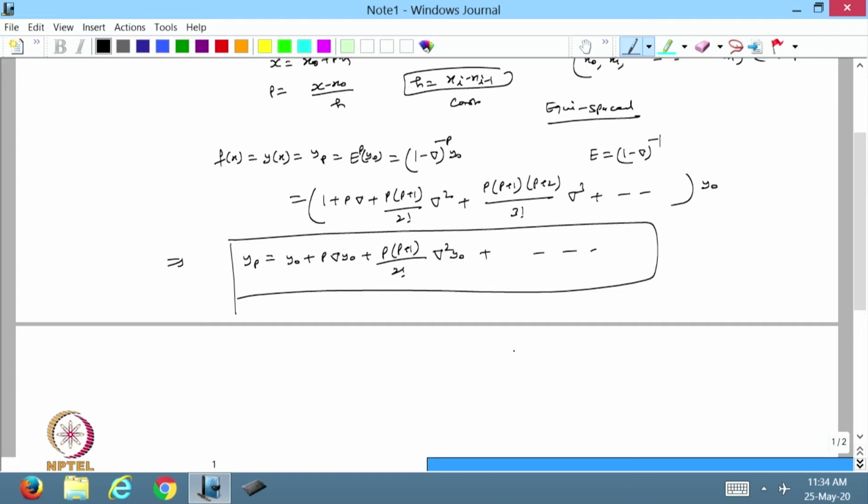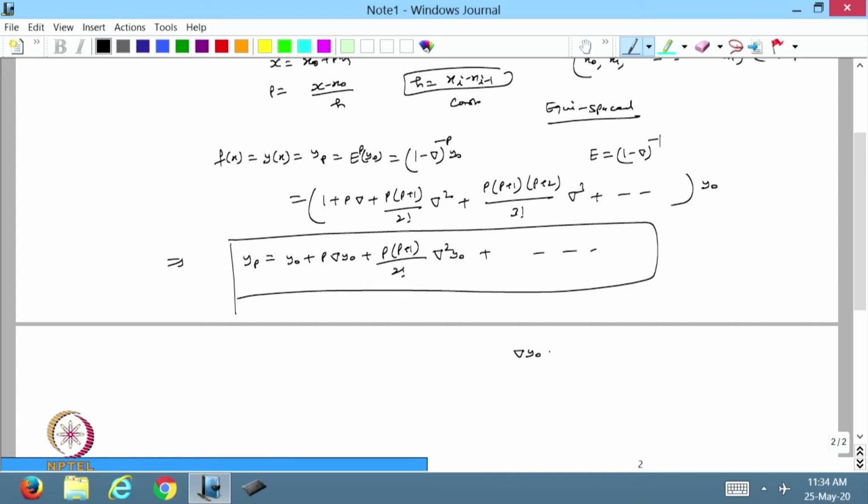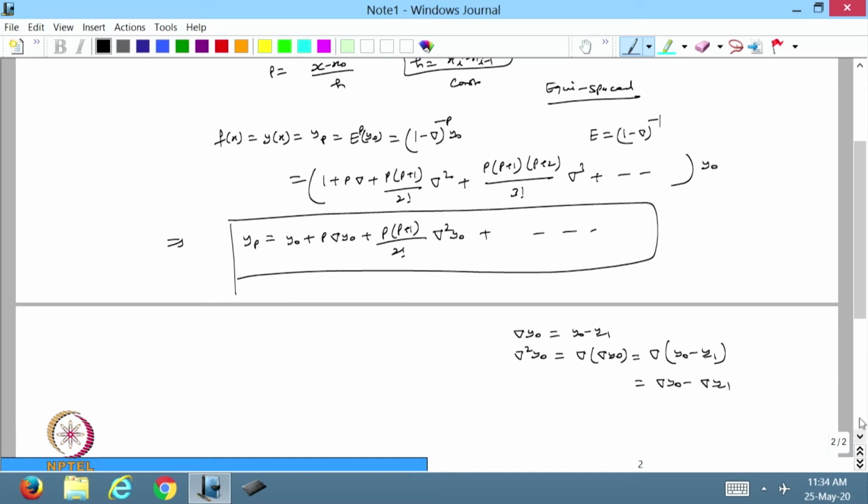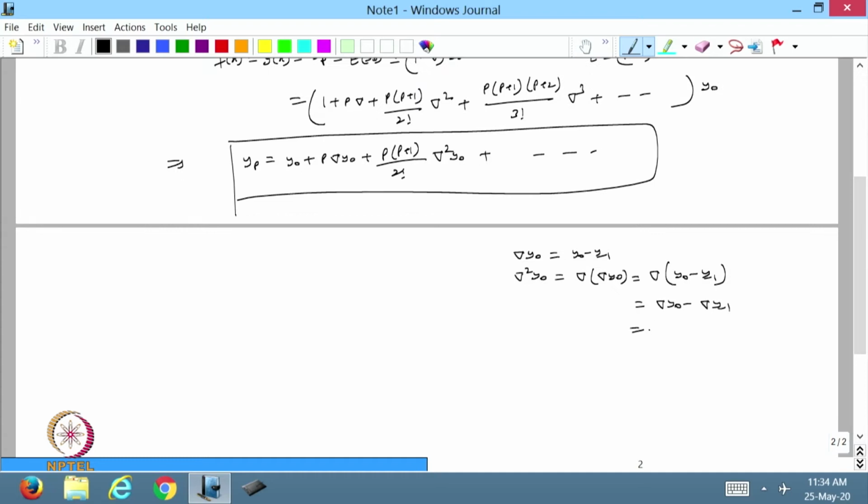Now, nabla y0 will be y0 minus y_{-1}. For nabla square y0 I have to apply it twice: that is y0 minus y_{-1}, minus (y_{-1} minus y_{-2}).